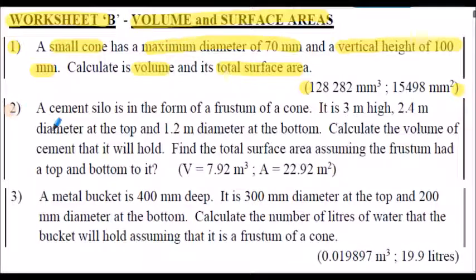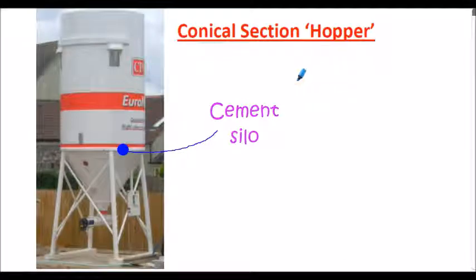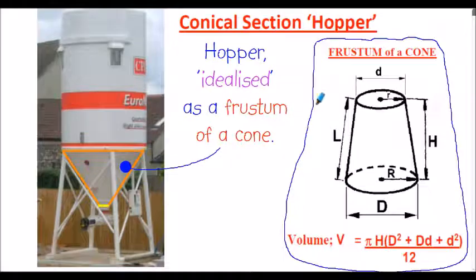Question 2 is a cement silo in the form of a frustum of a cone. Here's a picture of a cement silo, and this is the frustum of the cone, sometimes termed the hopper section. So the hopper is idealized as a frustum of a cone.